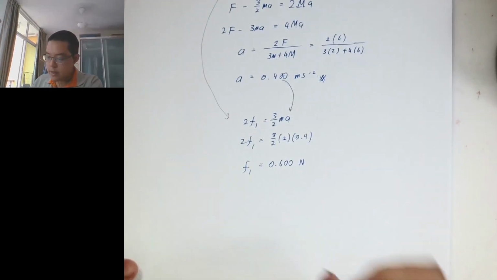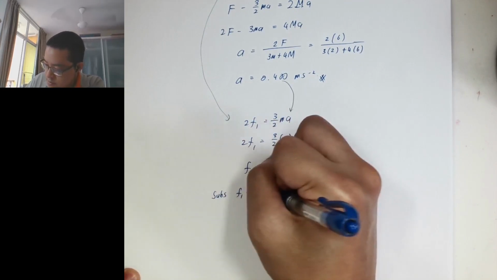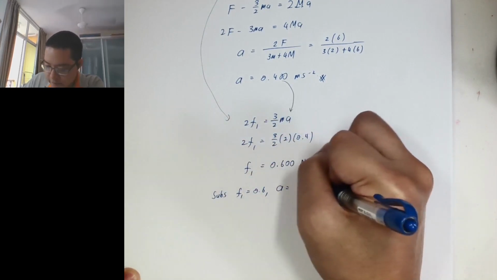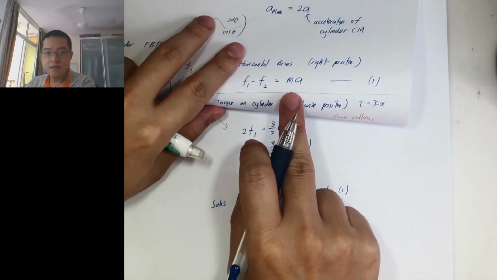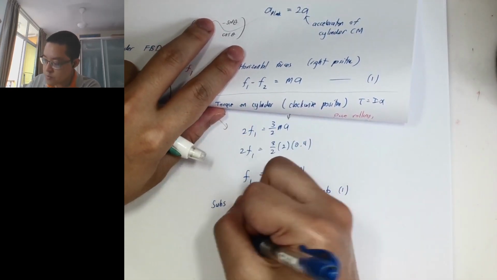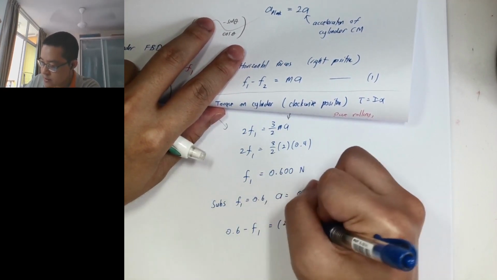And then now we substitute our results, 0.4, into equation 1. So my equation 1 was this thing over here. So I got 0.6 minus F2 is equals to m and 0.4.